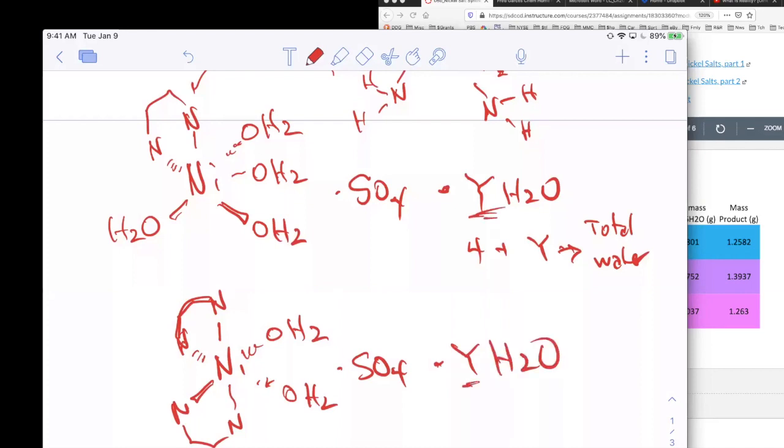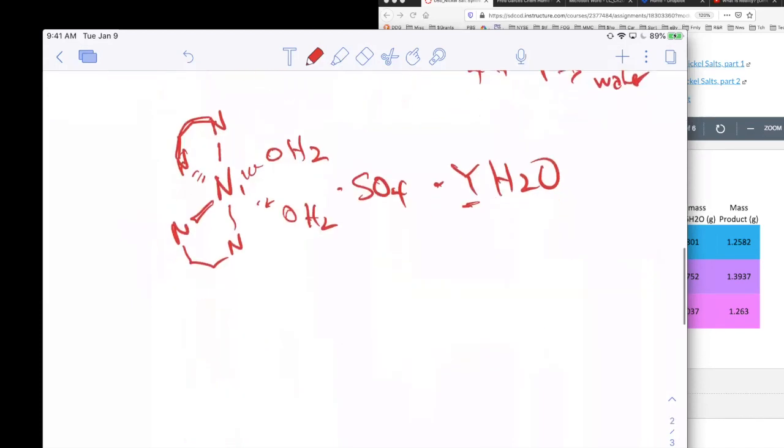One salt might have 4 waters involved. Another salt B might have only 2 waters or no waters at all. That's why you guys are going to do the calculation. And then finally, the last possible compound that you guys are going to have is the following. You have a nickel, and then all the waters are going to be replaced.